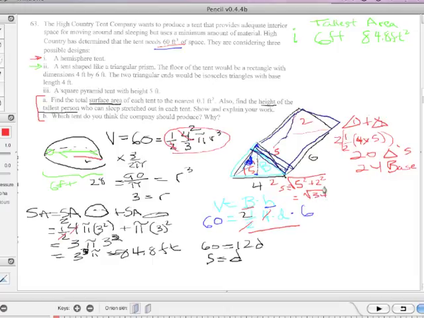And I'm going to call that 6. I'm rounding, and it could be a little bit better, but I don't have a square root function. So it's about 6. So again, this is just a rectangle.